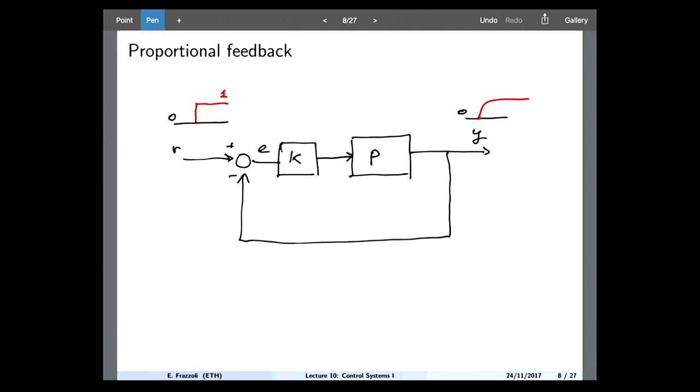In particular, what is this value that I have at the output, and how does it compare to the value at the reference? Or in other words, what will be my steady state error? How can I compute that?